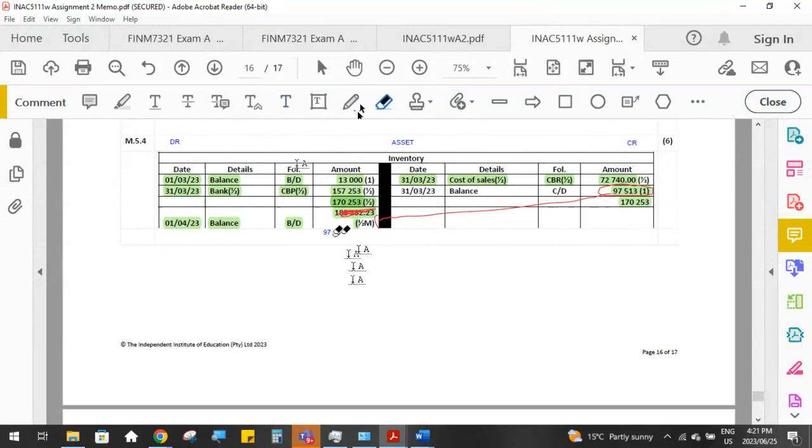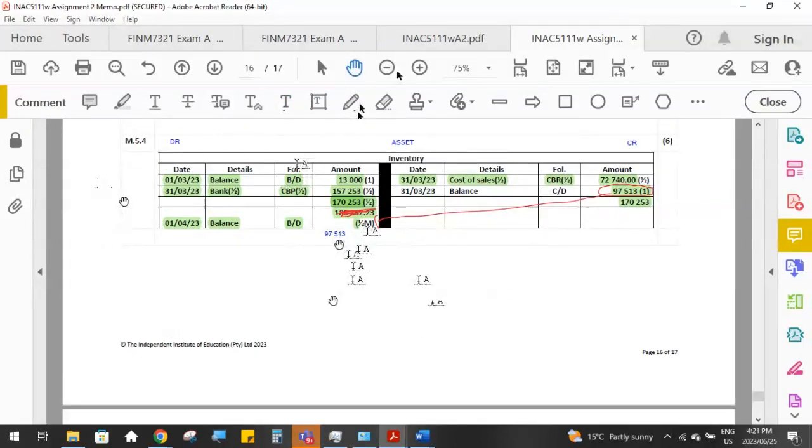Just see if I can get rid of that. Why does that not rub out? Okay, don't know what I've done there, but it's disappeared. Let's write it in there again. 97,513 is the balance brought down. That was just a typo on the memo.